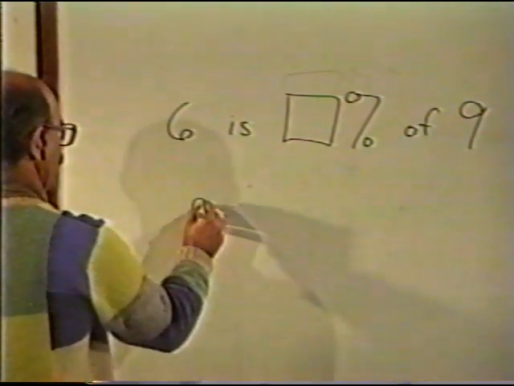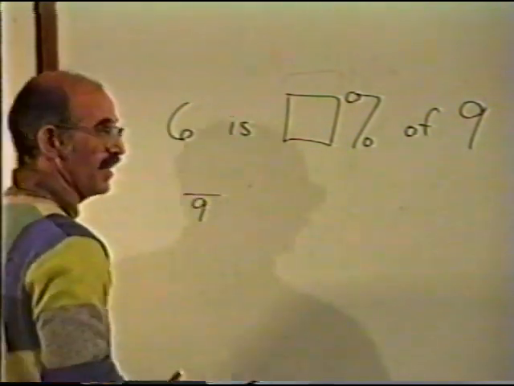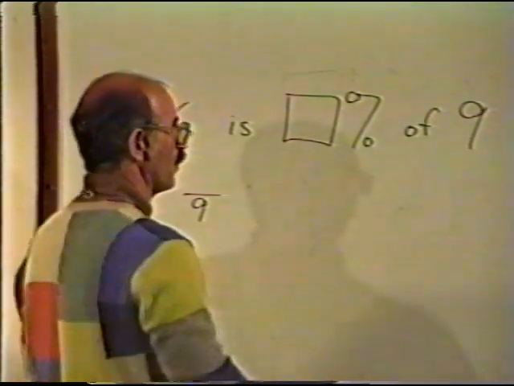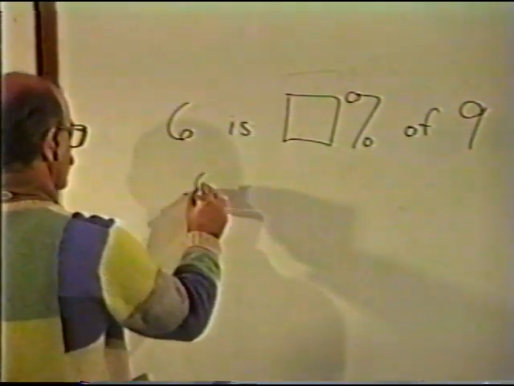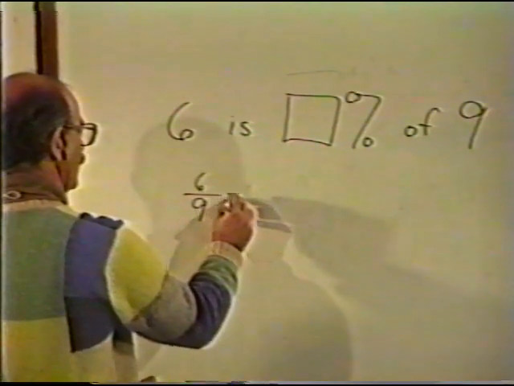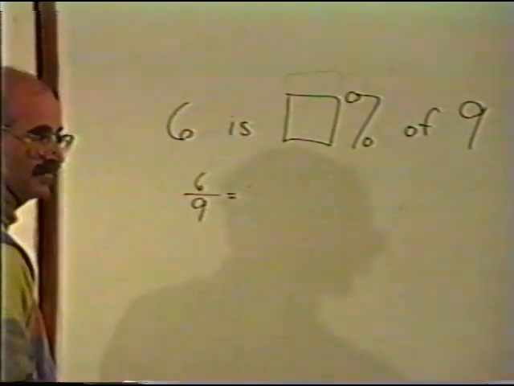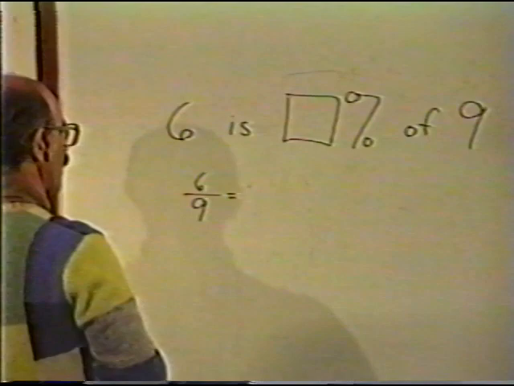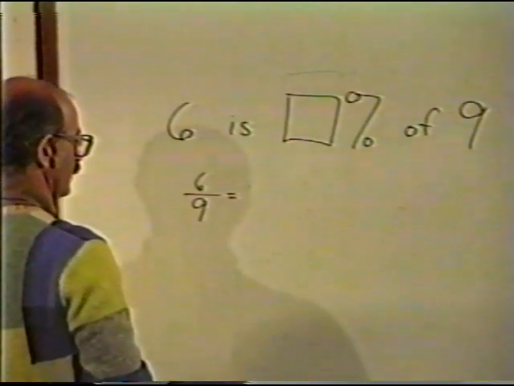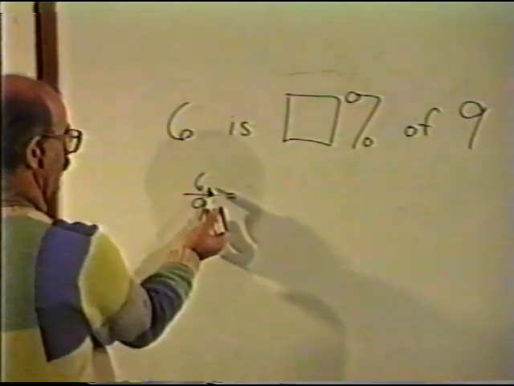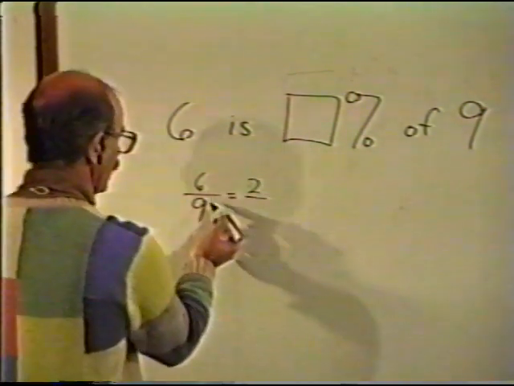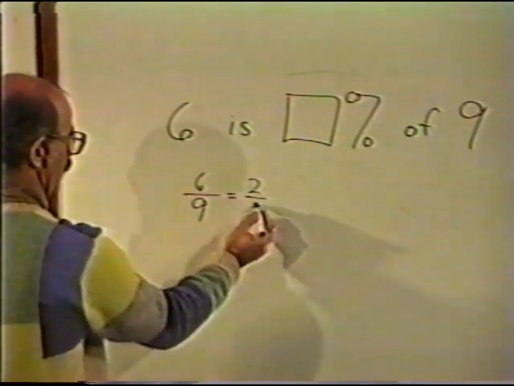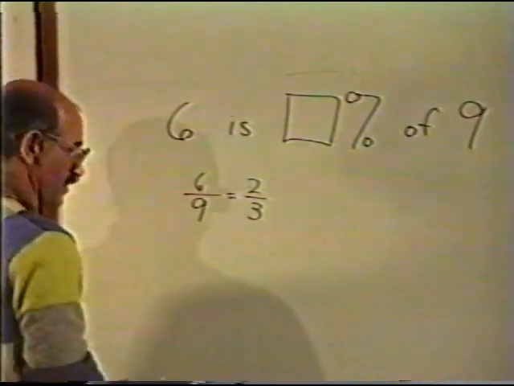The 9 is on the bottom because it comes after the word of, and we put the 6 on the top. Can it be reduced? Yes. What shall we use to reduce it? 3. 3 into 6 is 2, and 3 into 3 is 1, 2/3.